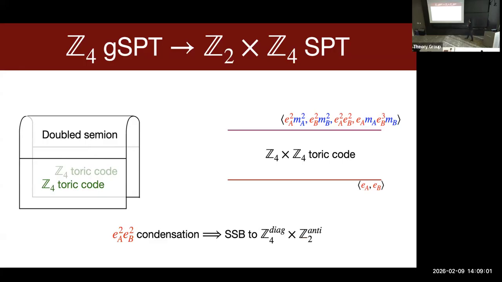One thing to see immediately is that in this set of anyons that are condensed, one of the anyons is this E squared anyon. And since this is a pure charge, since I'm condensing a charge, that means I've spontaneously broken some of the symmetries. And in this case, you can convince yourself that this is spontaneous symmetry breaking to this particular subgroup of Z4 times Z4. So it's the Z4 diagonal subgroup, as well as a Z2 anti-diagonal, or Z2 just acting on a single copy.